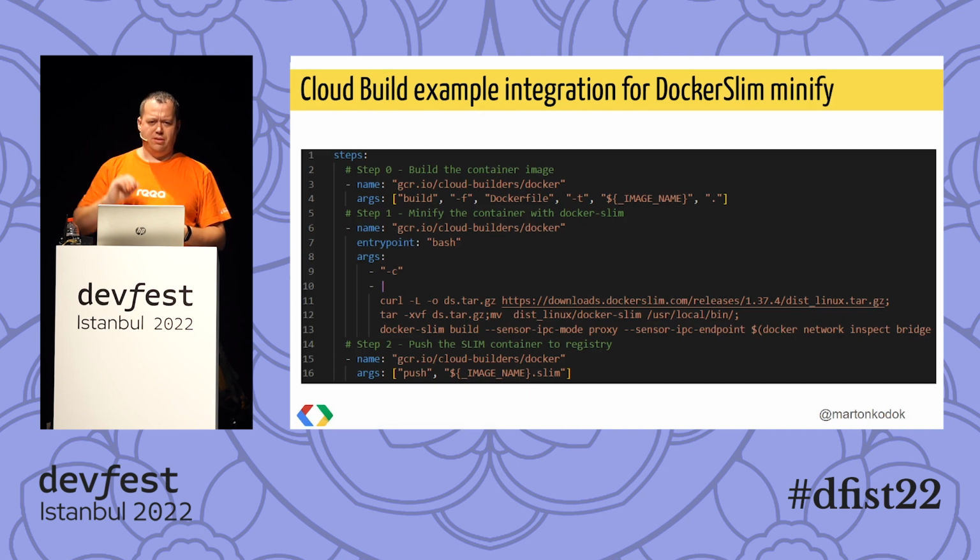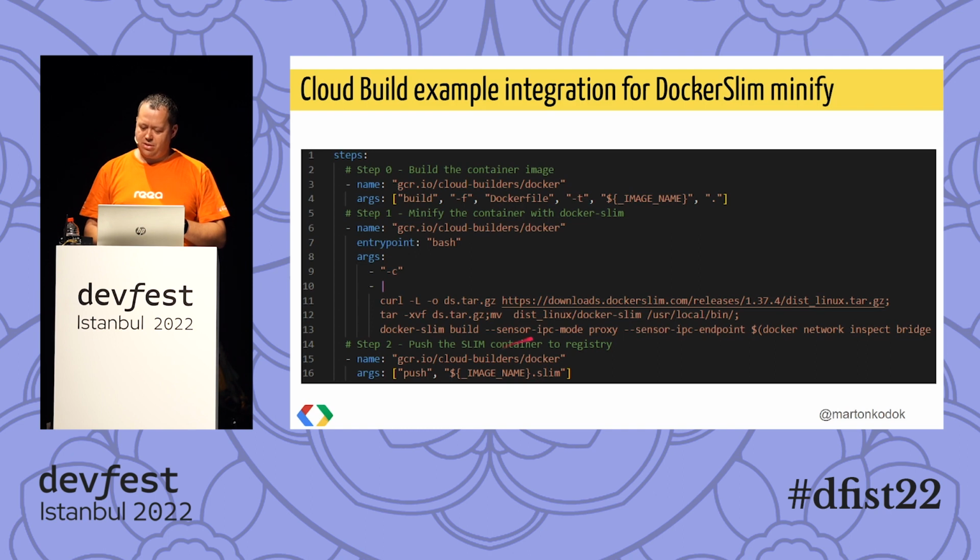I published an article about this. You can integrate it into Cloud Build. These are the commands. Here you have the build phase, and you will have a secondary image with .slim. And you can deploy that. This needs to have a probe.